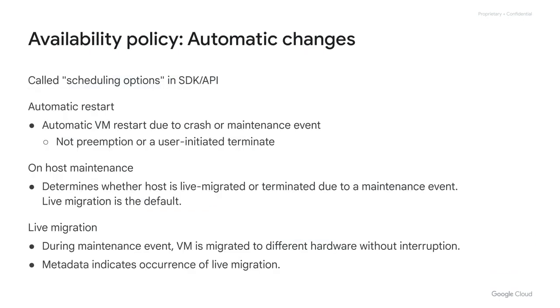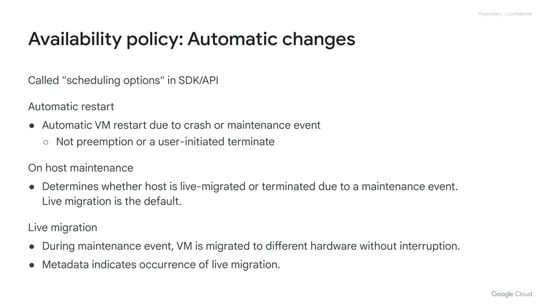As I mentioned earlier, Compute Engine can live migrate your virtual machine to another host due to a maintenance event to prevent your applications from experiencing disruptions. A VM's availability policy determines how the instance behaves in such an event. The default maintenance behavior for instances is to live migrate, but you can change this behavior to terminate your instance during maintenance events instead.